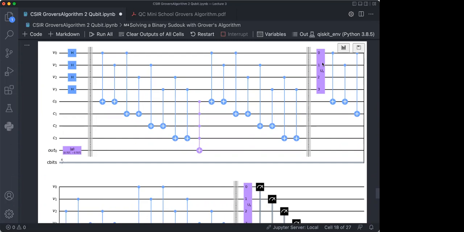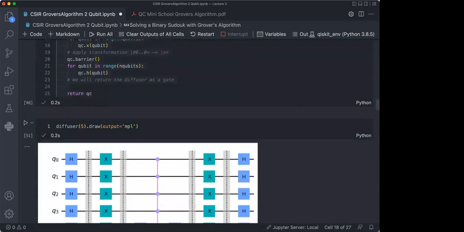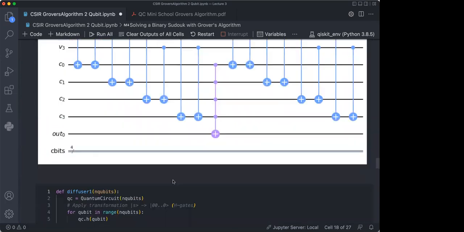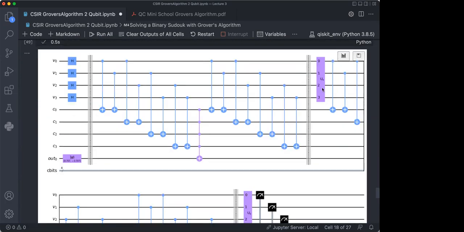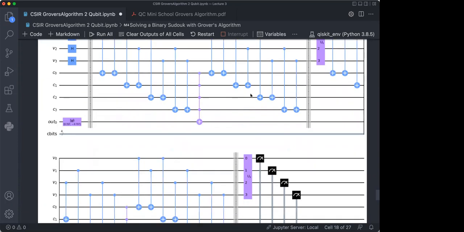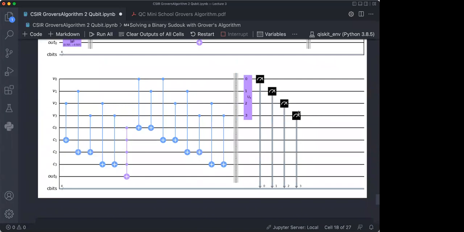We apply the diffusion transformation U_s, and for 4 qubits, you can actually see what this U_s looks like, because we already have a function to draw it. This is what that U_s looks like, but just to save space, we've only written it as U_s there. And then we apply, again, another Grover oracle, which you can see here. One more diffusion transformation, and then we measure.